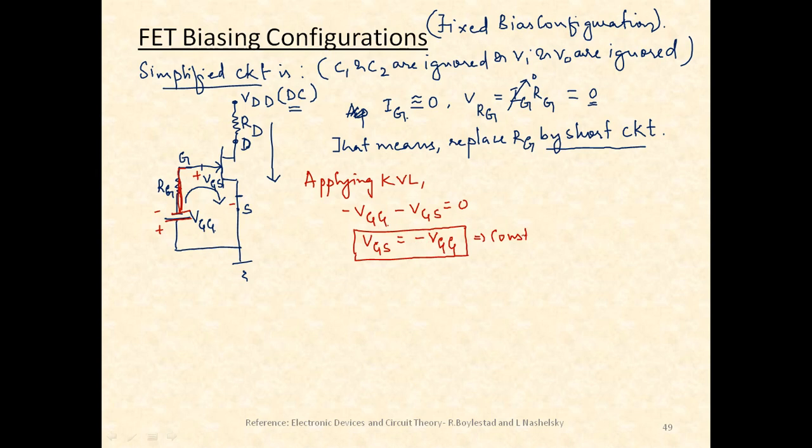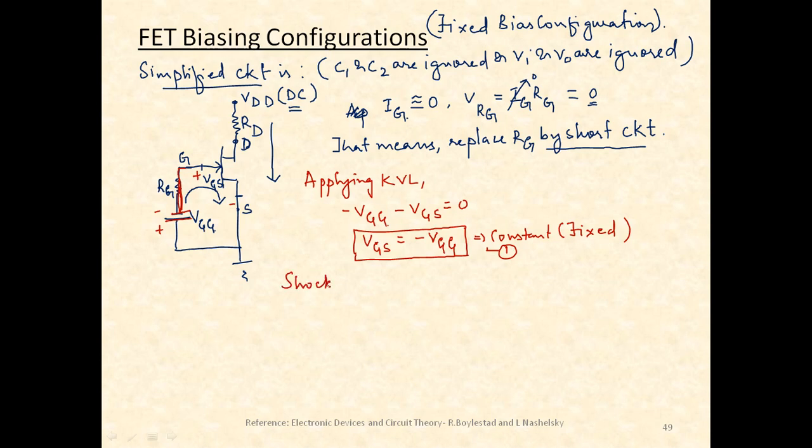Now this VGG is a constant, the other word is fixed. So due to this fixed word, we are using the same term and calling it fixed bias configuration. That means a fixed voltage is determining the biasing condition of this overall configuration. So let us call it equation 1.